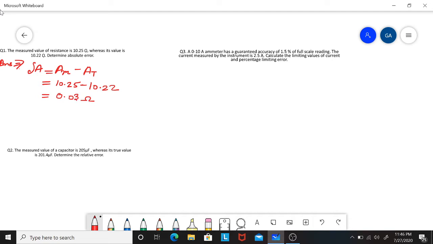So this is your absolute error. In this way we calculate the absolute error in the resistance, right? The measured value minus true value, which is 10.25 minus 10.22, gives you 0.03 ohm. Now we'll move to the next example.